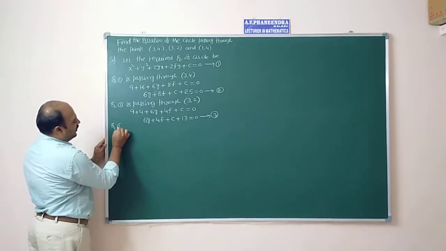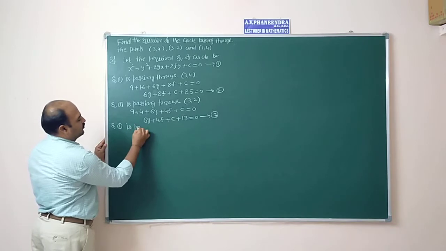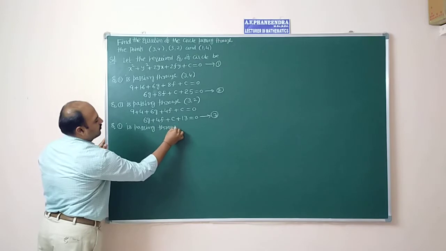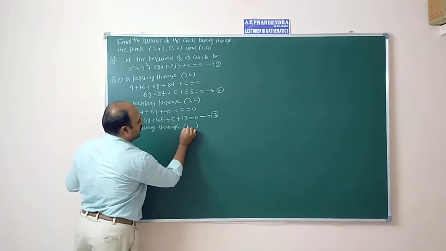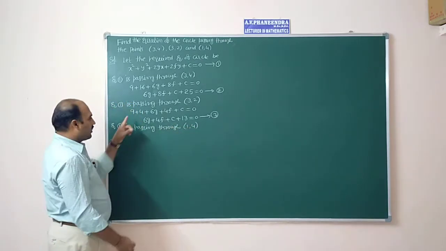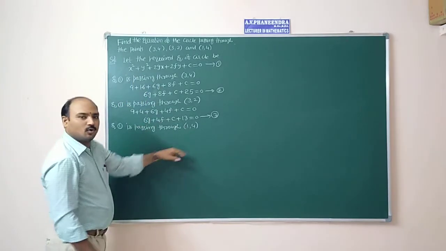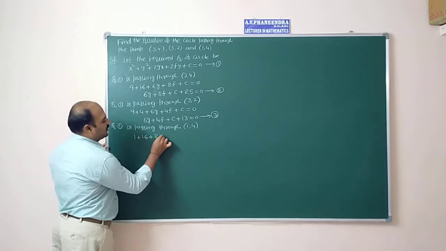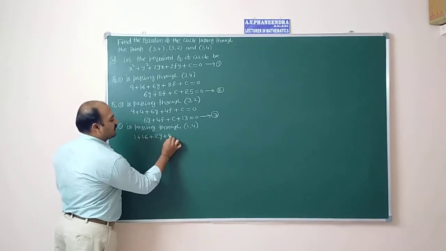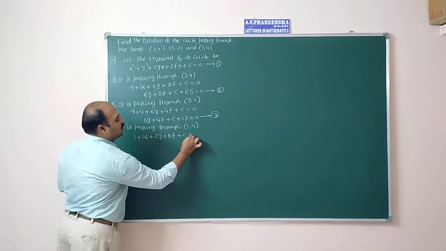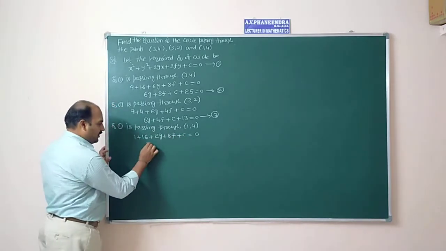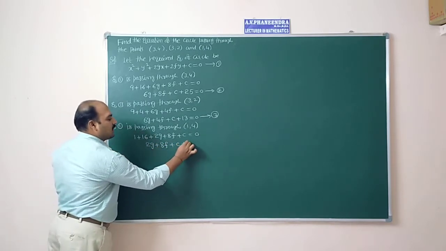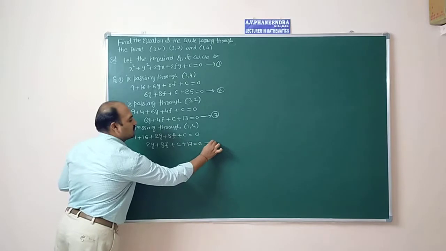Equation 1 is passing through the last point (1, 4). So wherever x, y is there, replace with 1, 4. 1 plus 16 plus 2g plus 8f plus c equal to 0. 2g plus 8f plus c plus 17 equal to 0.